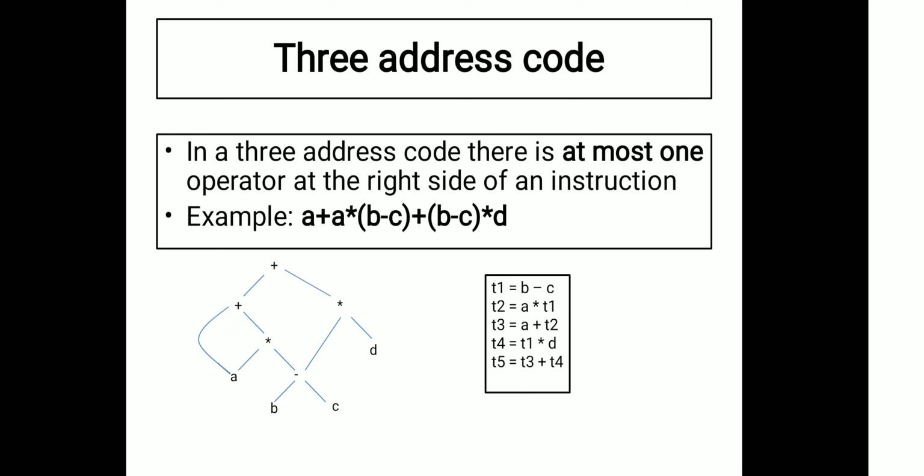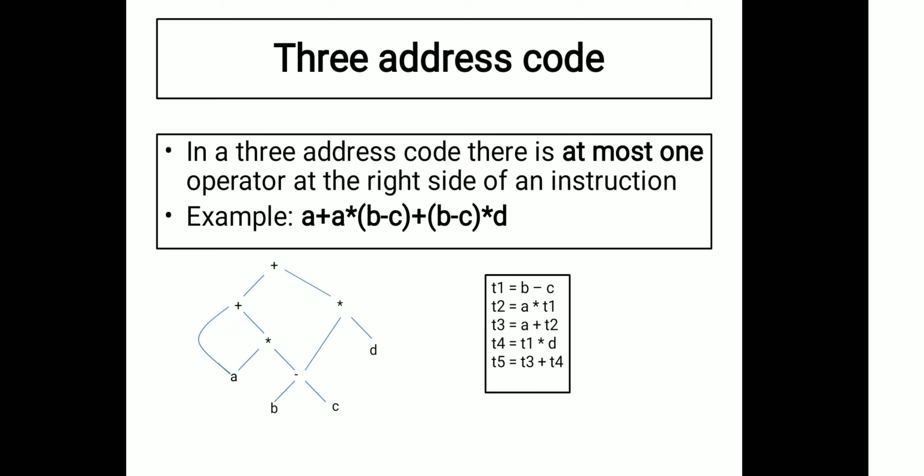The bracket is going to execute first: b minus c executes first, multiplied by a, summed with a, then b minus c is multiplied with d, and then summed with the result. A DAG is a directed acyclic graph where leaf nodes are atomic operands, which is basically used for the elimination of common sub expressions from the given expression.